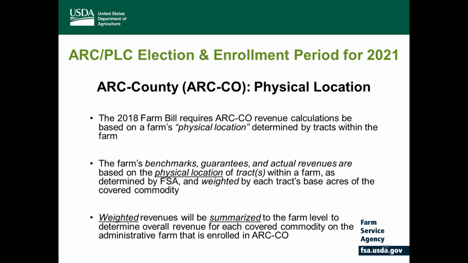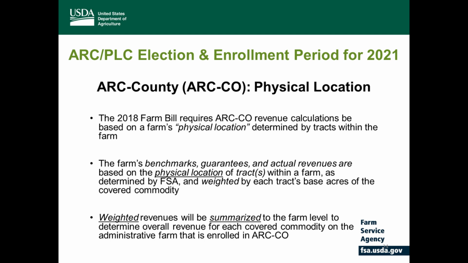Another new feature under the 2018 Farm Bill for ARC County is revenues will be calculated based on a farm's physical location, as determined by each tract associated with the farm. So ARC County benchmark revenues, guarantees, and actual revenues are based on the physical location of each tract on the farm, weighted by the base acres associated with the tract, and then summarized to the farm level for one ARC County payment rate for the covered commodity on the farm.